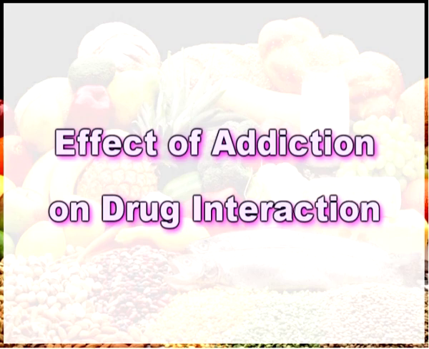Now what are the effects of addiction on drug interaction? Smoking, consumption of alcohol and use of dependence producing drugs leads to increased chances of drug interaction. Alcohol affects the metabolism of many drugs and the functionality of the liver, causing liver cirrhosis and liver hepatitis, which in turn affect the ability of the organ to metabolize the drugs.